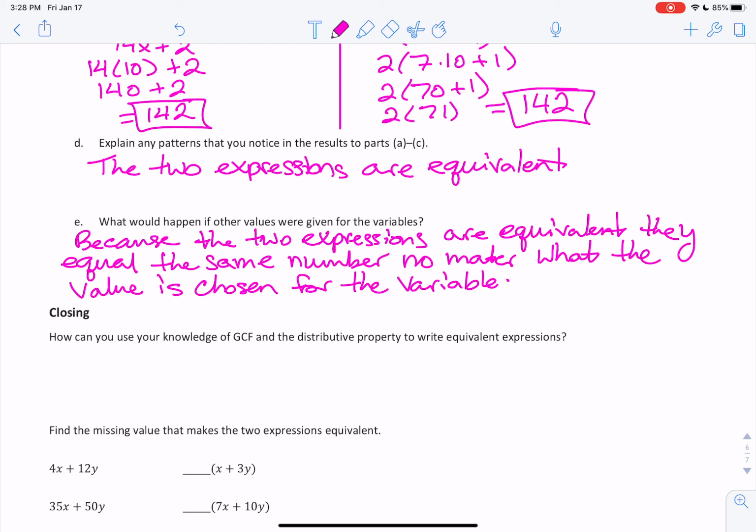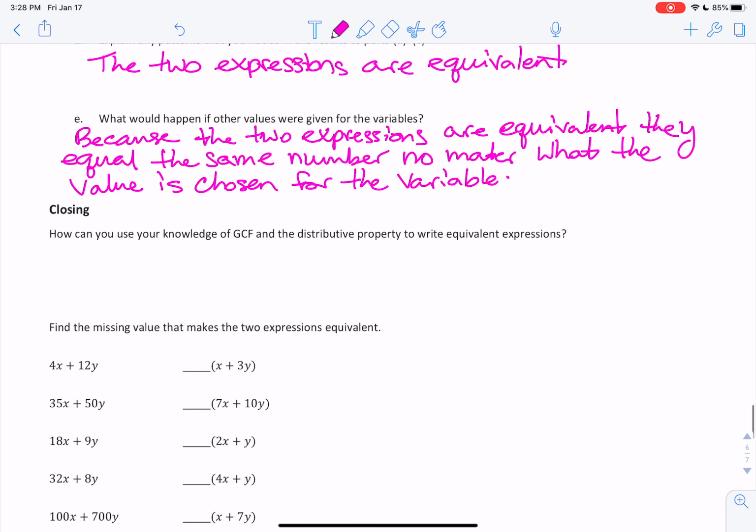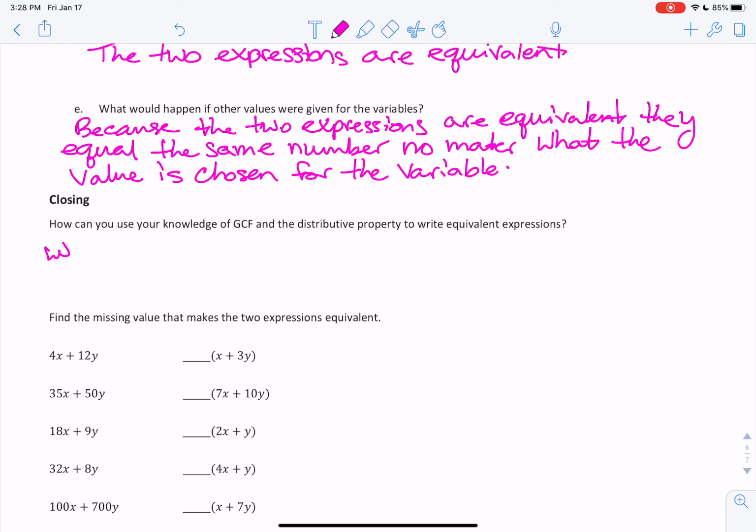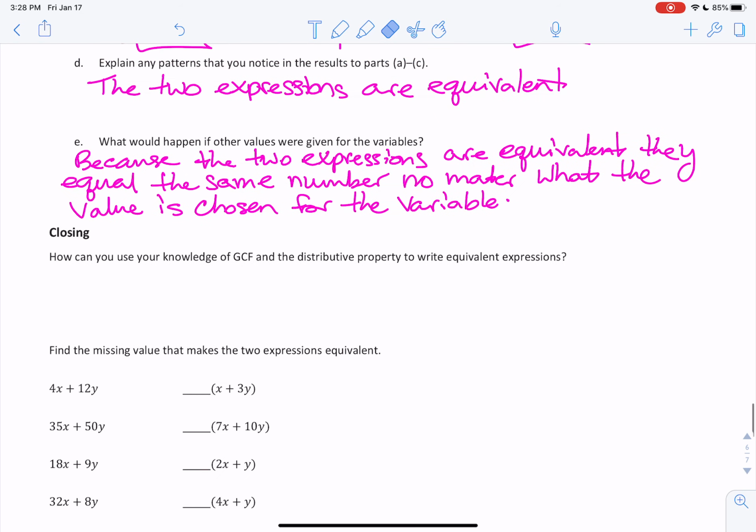How can you use your knowledge of the greatest common factor and the distributive property to write equivalent expressions? Okay, oops, my screen moved.